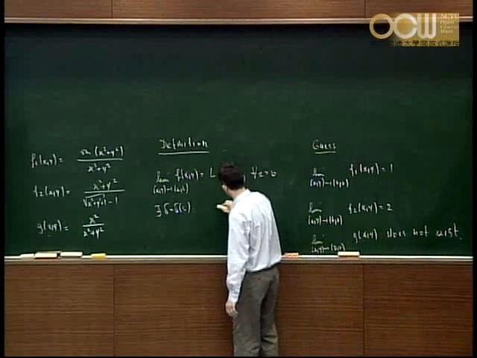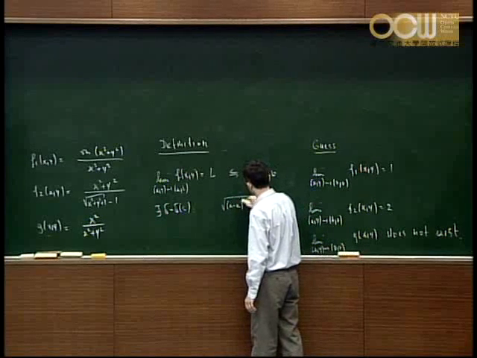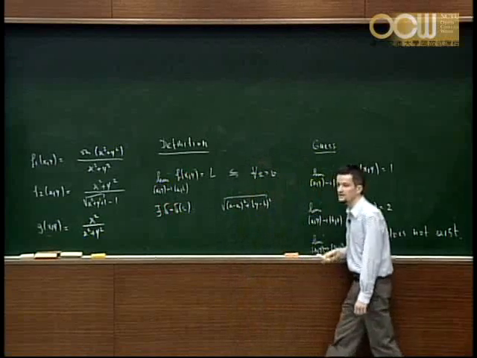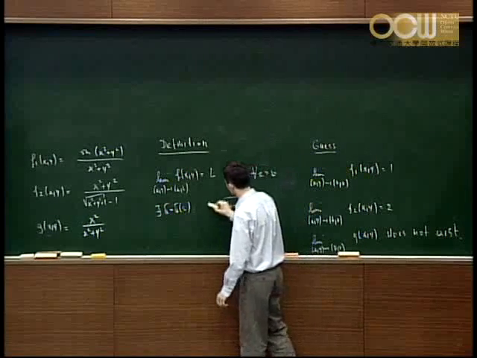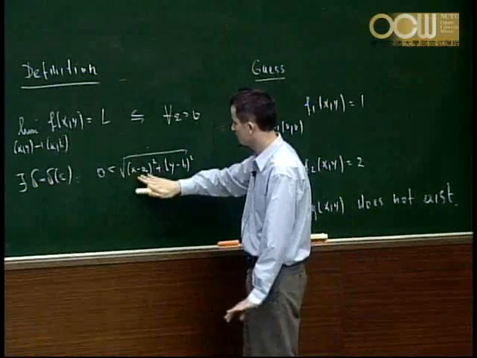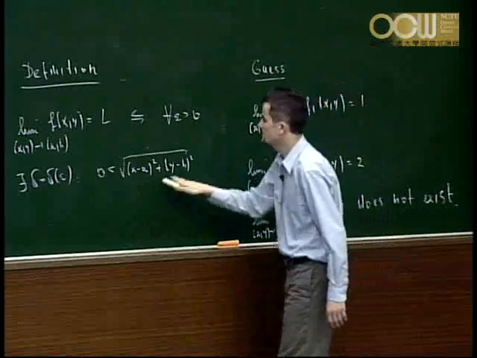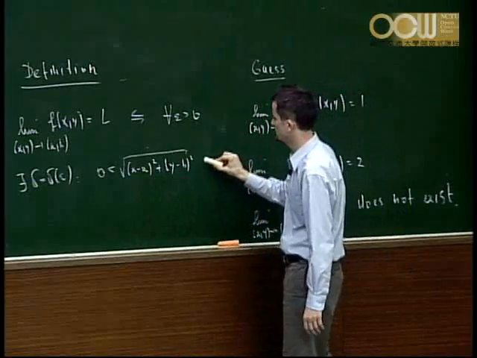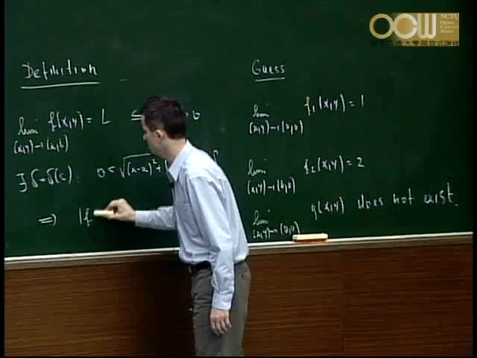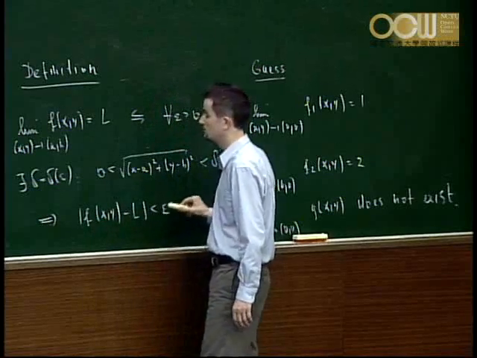Okay, so if for all (x,y) such that the distance to the point (a,b) is larger than 0, because we will see in a minute why, so the point (x,y) is not equal to the point (a,b), and smaller than delta, there holds that |f(x,y) minus L| is smaller than epsilon.